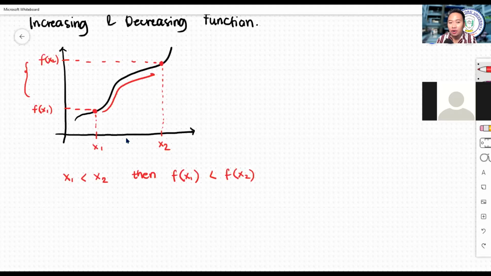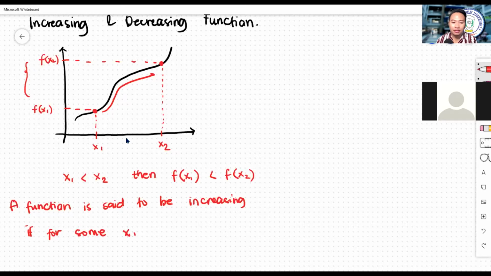And this is where we make definitions in mathematics. We make an assumption or, what we call these, examples, specific elements. So a function is said to be increasing if, let's say, for example, for some x sub 1 less than x sub 2, then f of x sub 1 is less than f of x sub 2.